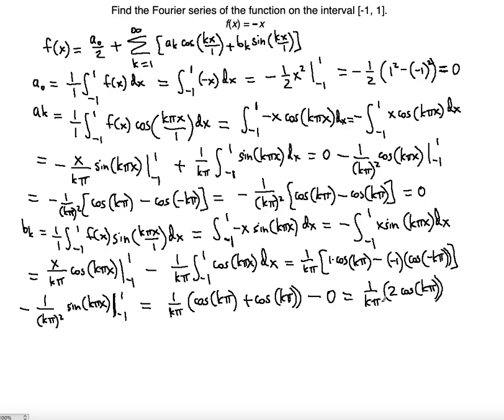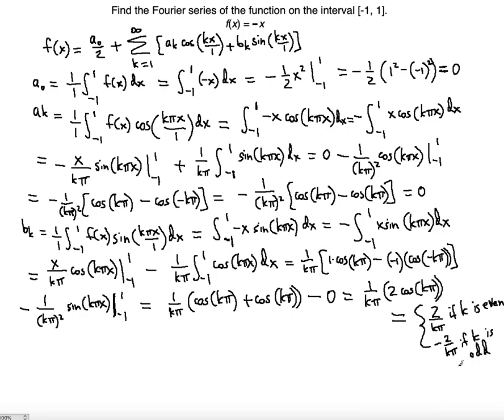So there are 2 ways of approaching this. This result means that you will have 2 possibilities: 2 over k pi if k is even, and -2 over k pi if k is odd.